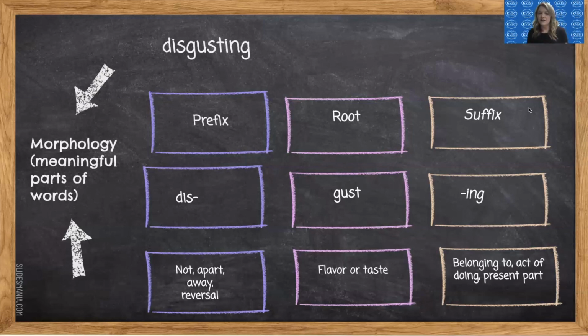So belonging to the taste or the act of doing the taste, but not, or they probably do not like the taste. So disgusting probably means you do not like the taste. So that they can work through that and be able to dissect and come up with words that they don't know.